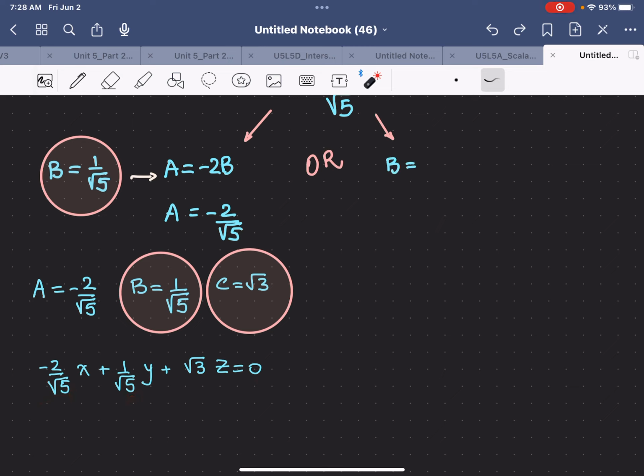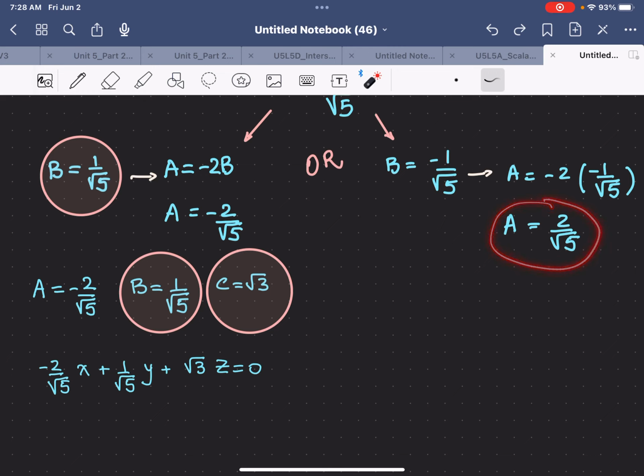Next we are going to continue with the second possibility. So b can be positive 1 over root 5, or it can be negative 1 over root 5. If b is negative 1 over root 5, it means that the value of a would be equal to negative 2b, so negative 2 times negative 1 over root 5, which in simplified form is 2 over root 5.